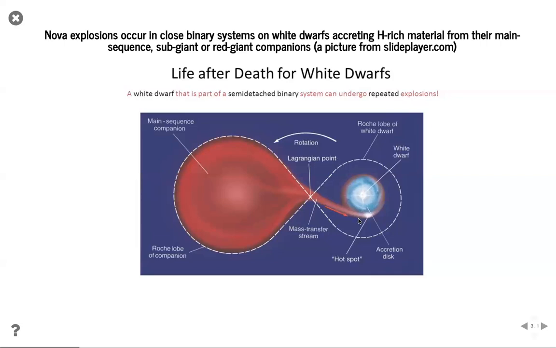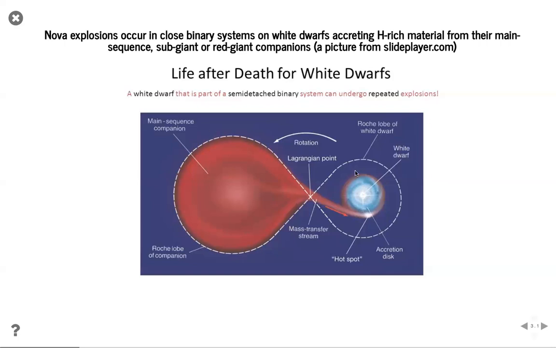After some relatively short time, it gets ejected from the binary system. It is during this process of expansion of the accreted envelope after the thermonuclear explosion that we see the increased brightness of the binary system, which we call a classical nova star.